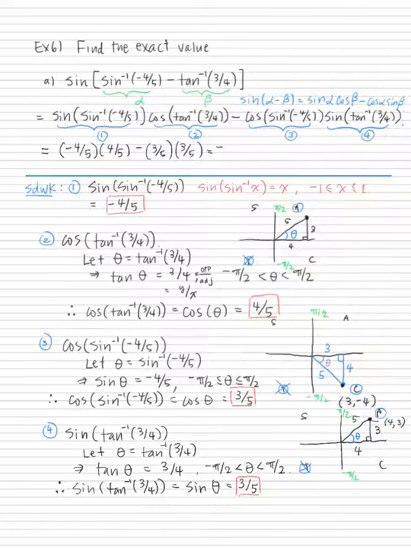So that's -16 over 25 minus 9 over 25. So -25 over 25, which is -1. All that work to determine that our answer was just a little tiny -1. And here we go. We're done with the problem.